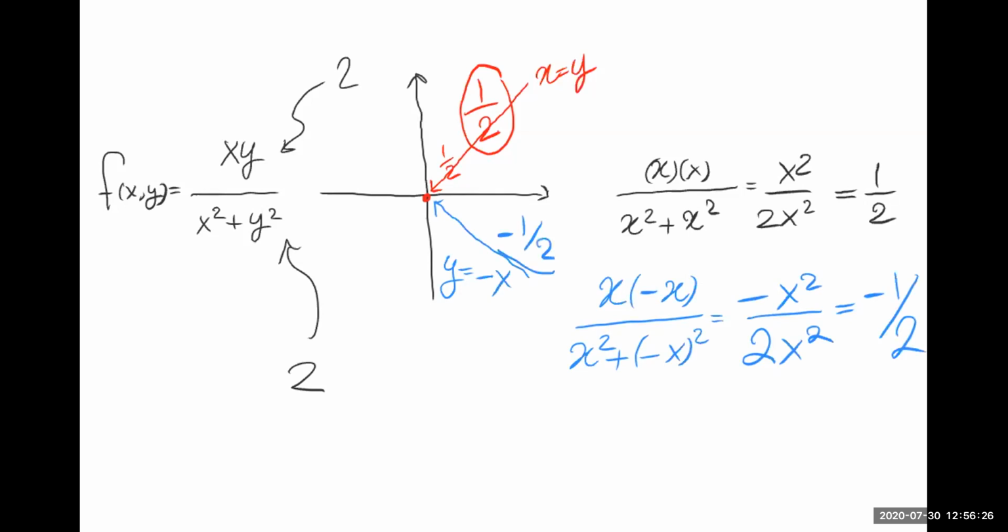So along this line, I have minus 1 over 2. If I look at a very small region around 0, the points which are red have the value 1 over 2. The points which are blue have the value minus 1 over 2. So there is no unique way to extend the function continuously to the origin. So no limit, and it's a non-removable singularity.